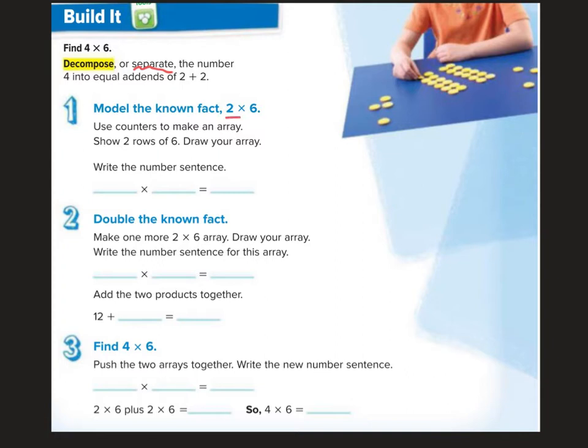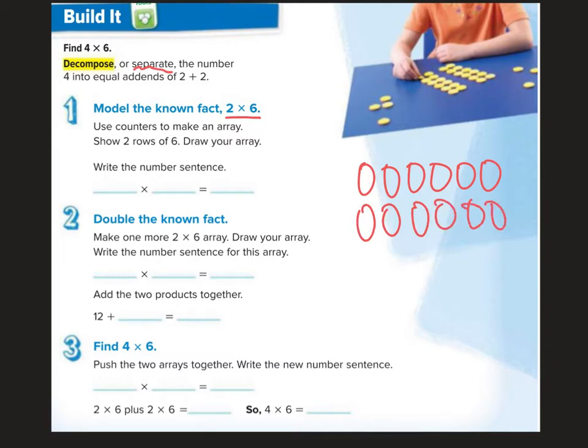If I look at the fact 2 times 6, I would have 2 rows of 6. It says draw your array. Here's our array, 2 times 6. Write your number sentence, 2 times 6, and now we know it's 12.